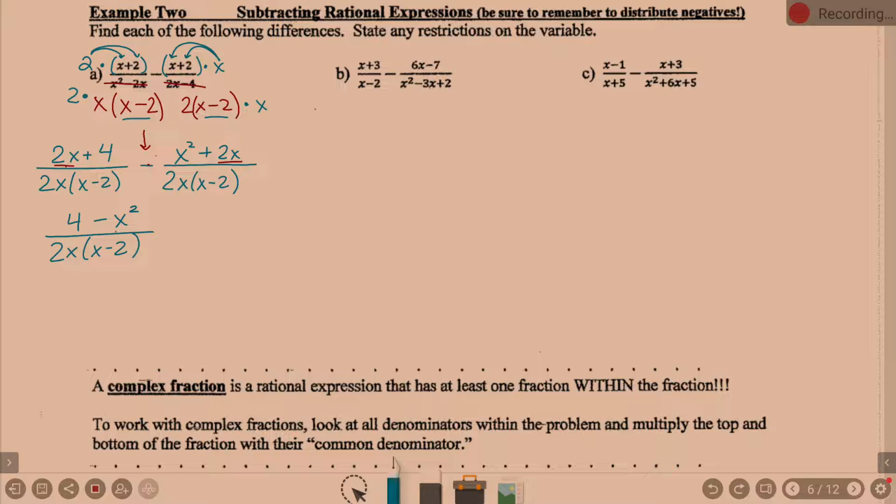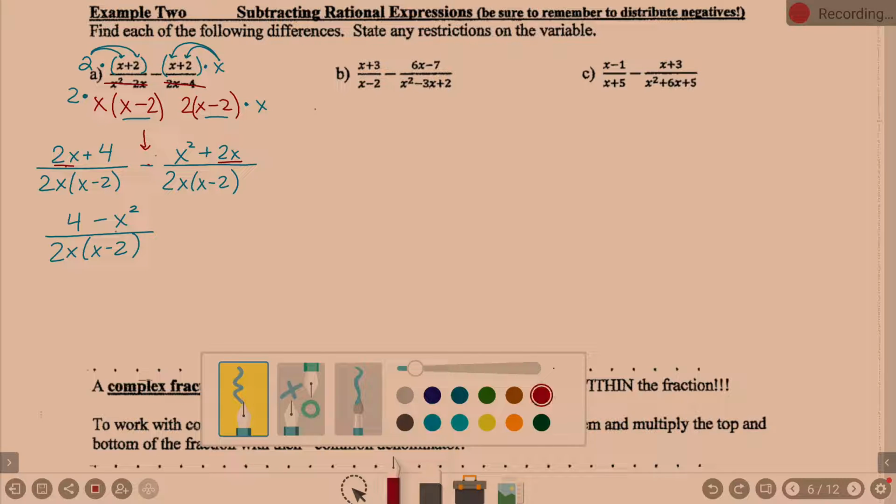Okay? Now, that's kind of your beginning answer. But what do I keep telling you guys we need to do? See if anything factors, right? So, in order to see if anything factors, one thing I would consider is this numerator.